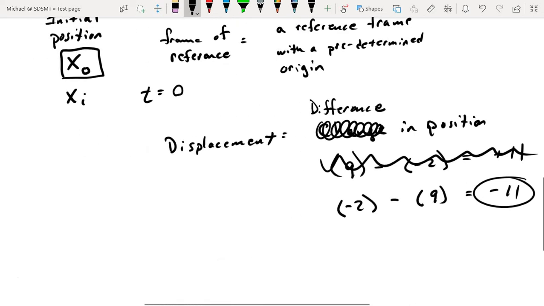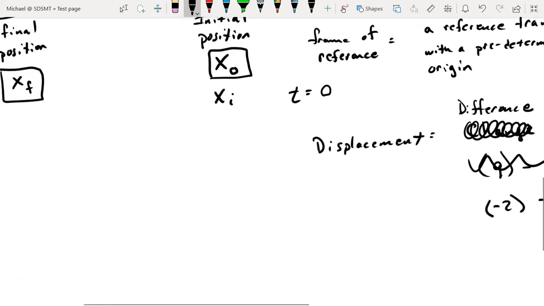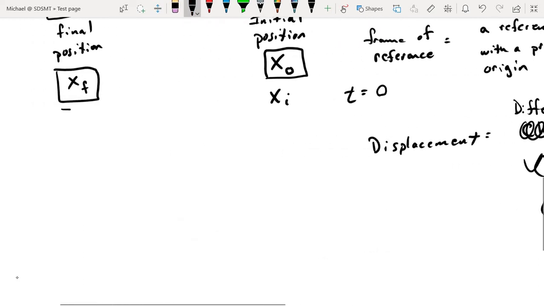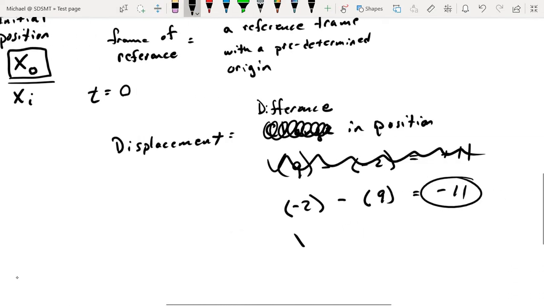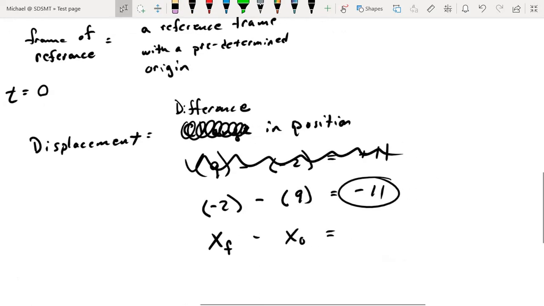And what we're going to do is we're going to replace those numbers with the initial final designation. So right here, this was actually the final position value, and we had to subtract from that the initial position value. And this is what gave us the value of our displacement.